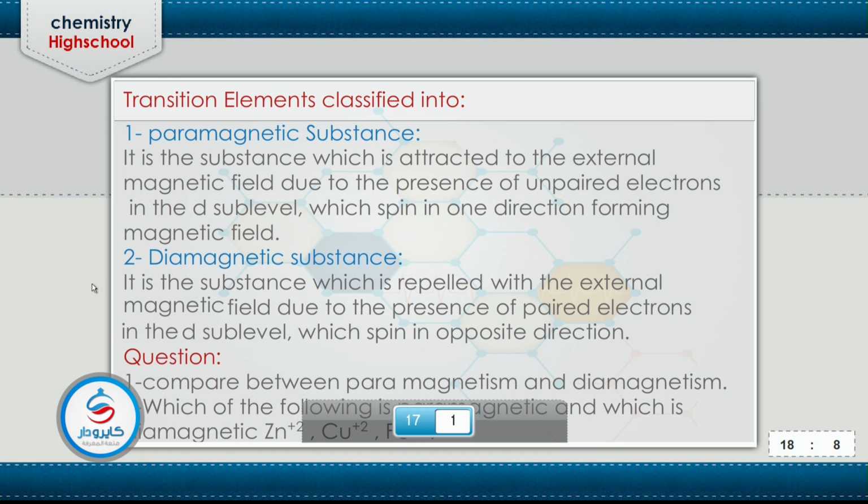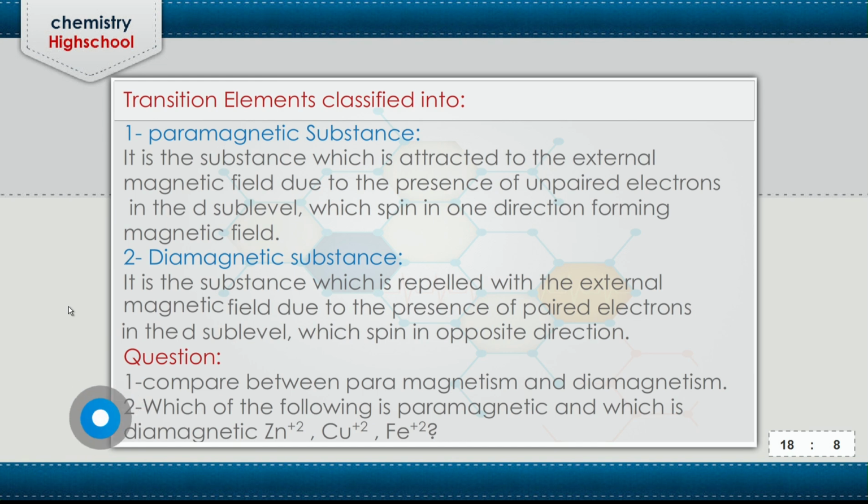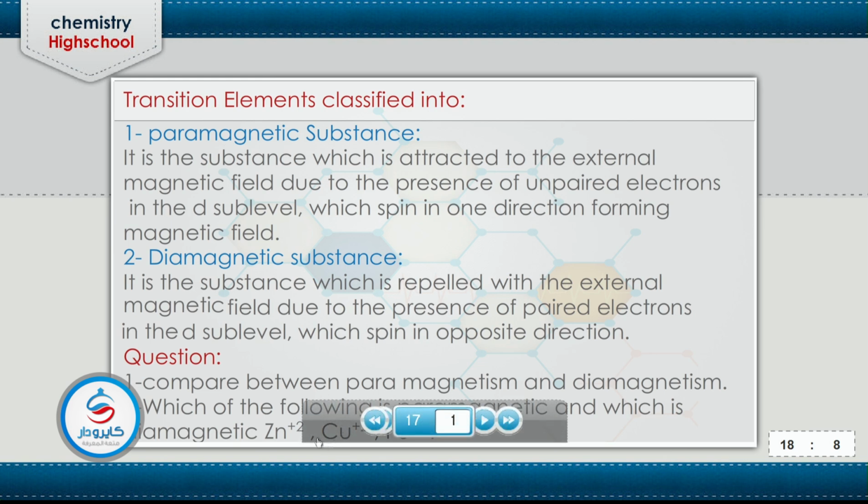In case of zinc 2, we will find that sublevel D contains 10 electrons and the 4s sublevel is empty. So sublevel D is filled with 10 electrons, and this substance is diamagnetic.